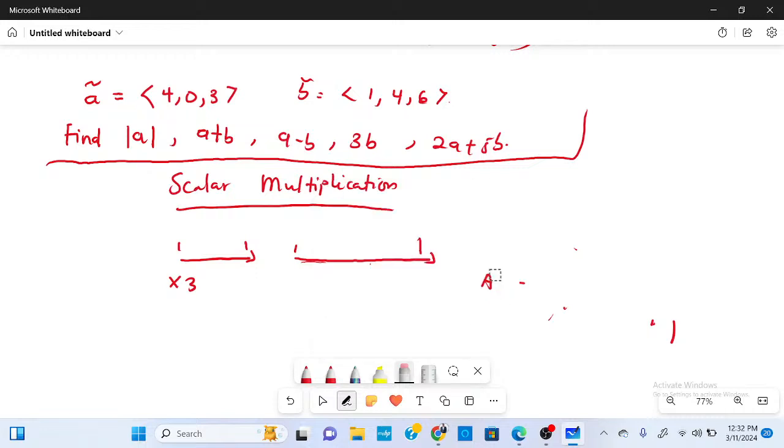Okay, so let's see the first problem. We have to find the magnitude of A. You know this from complex numbers, that whenever you see this sign with any quantity within, let's say quantity A, all that it means is find the modulus or the magnitude of whatever is inside.